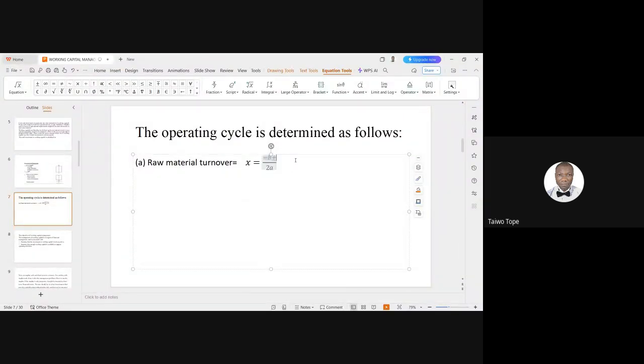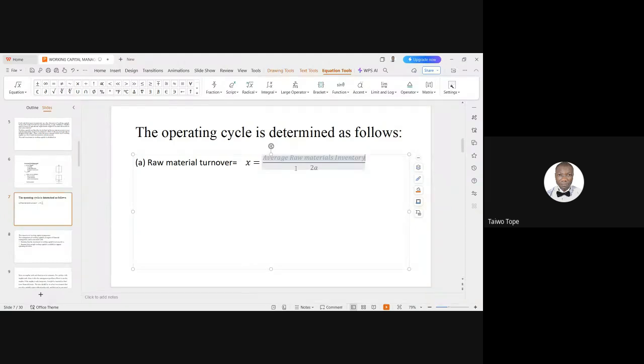Don't be scared, though, you are not solving a quadratic equation. You just want to use the formula. We have it as average raw material stock or inventory. Take notes.